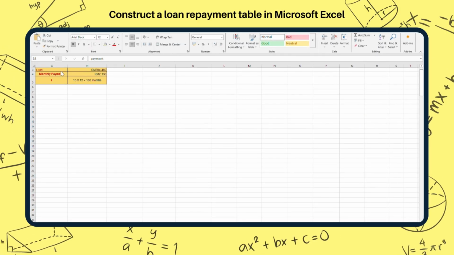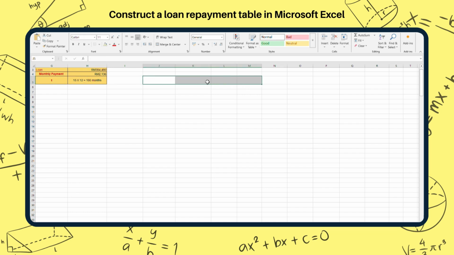Let's calculate the interest in Excel. This is the information we collected from the questions before. Our loan is 384,480, and our monthly payment is 2,136. T is actually 15 years, but we change it to months by multiplying by 12, which equals 180 months. Following the question, we need to do the calculation of interest in an Excel table.